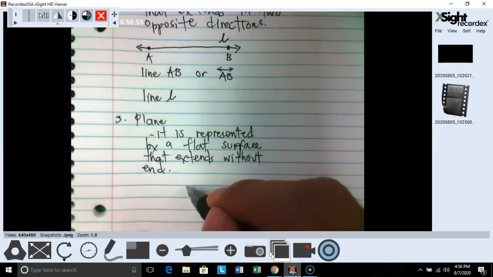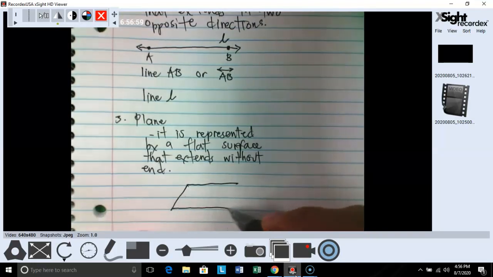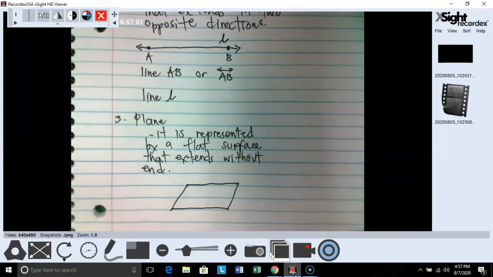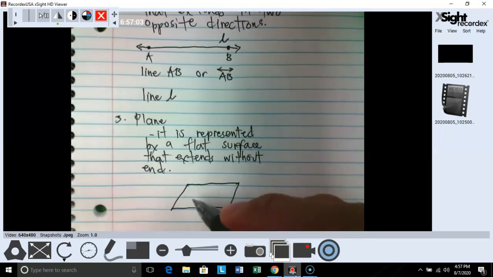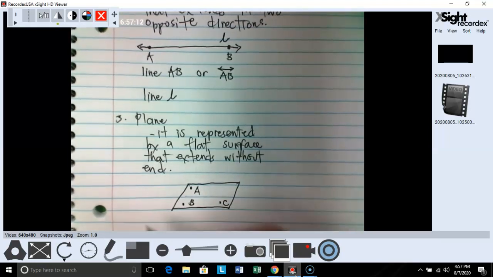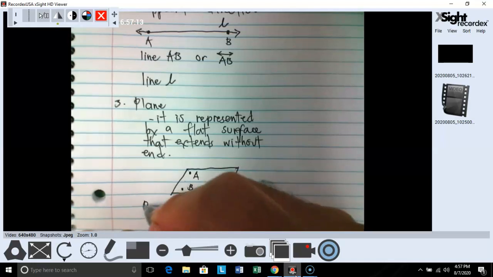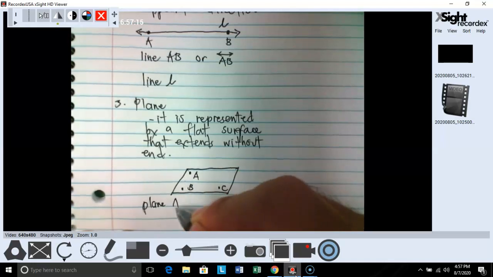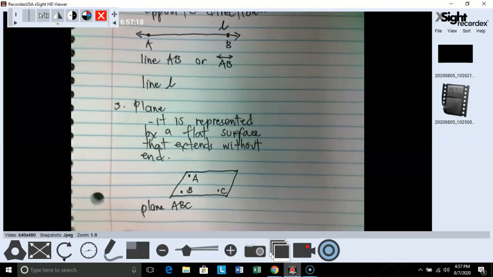And of course, by representation, it looks like a flat surface, and we can name this using 3 letters this time, A, B, and C. So we call this one plane ABC.